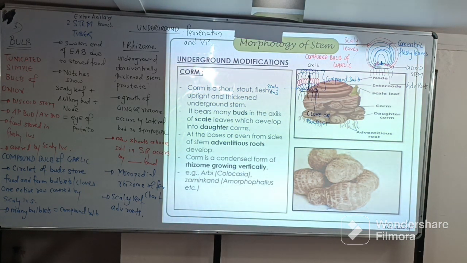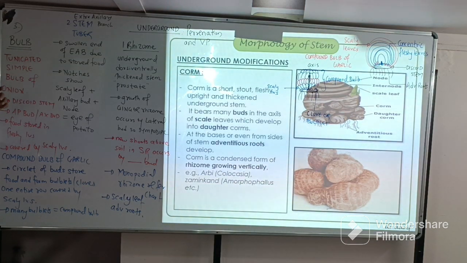In both of them, what is common? A discoidal stem along with adventitious roots. In the case of onion, the food is stored in a fleshy leaf, covered by scaly leaves. In the case of garlic, it is buds. One bulblet is a bud, and the entire row is covered by scaly leaves.